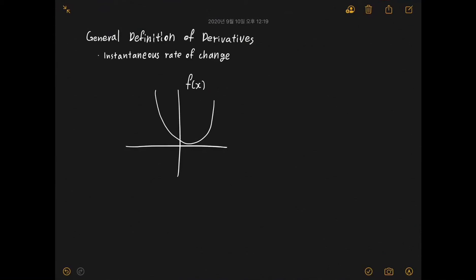Before we find the instantaneous rate of change, I want to set 2 points to find just a slope. Suppose this point is x, and the second point is x plus h. Then naturally, this y value must be f of x, and this point should be f of x plus h. And we know that slope is equal to change of y over change of x.